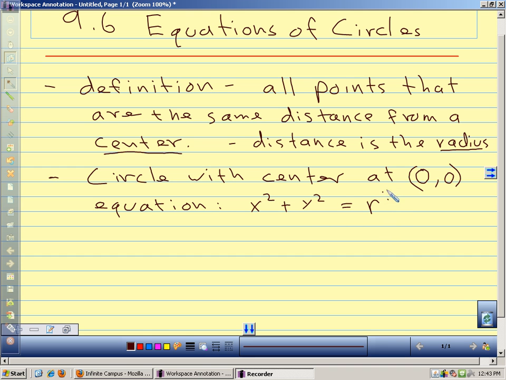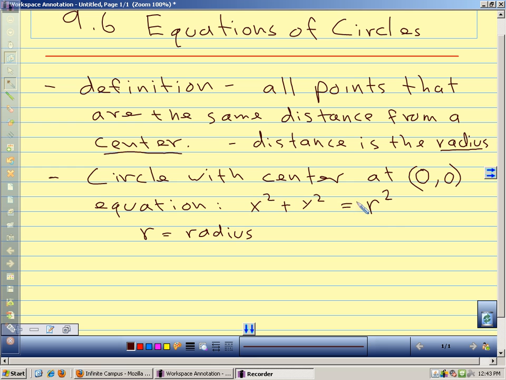And r is the radius. So anytime you see an equation that looks like this, x squared plus y squared equals some number, that's the equation of a circle.